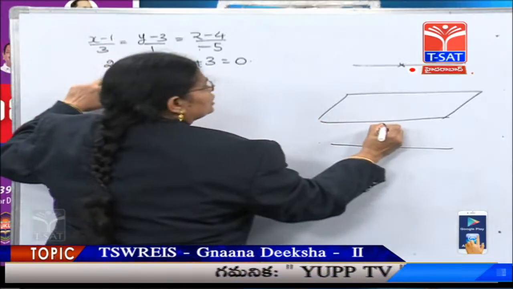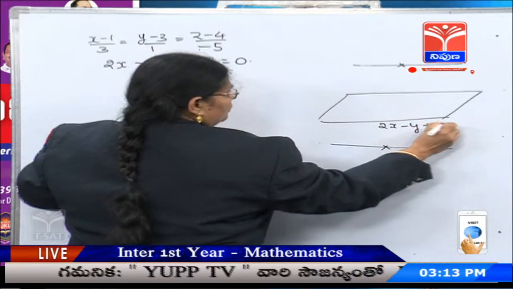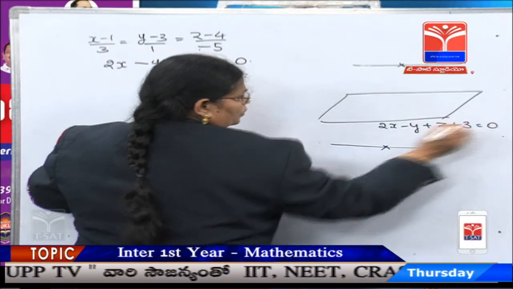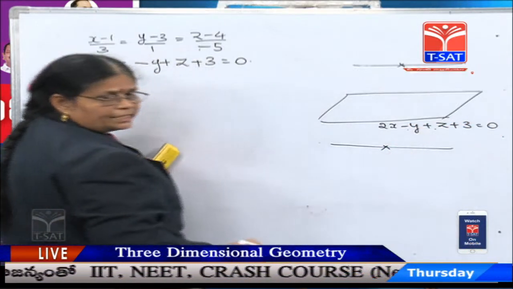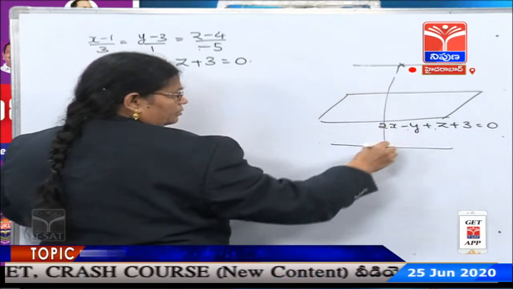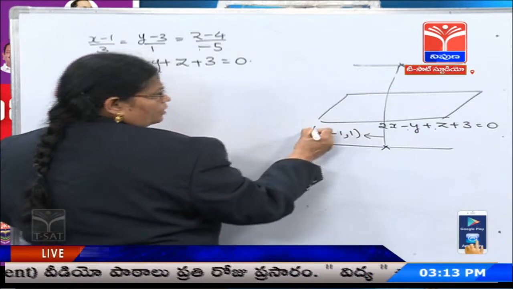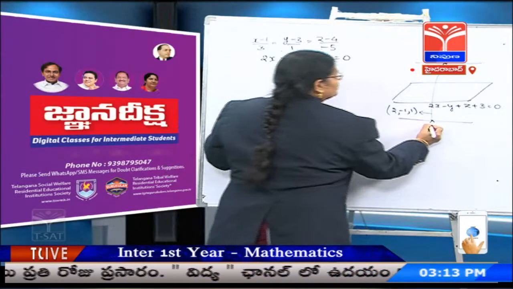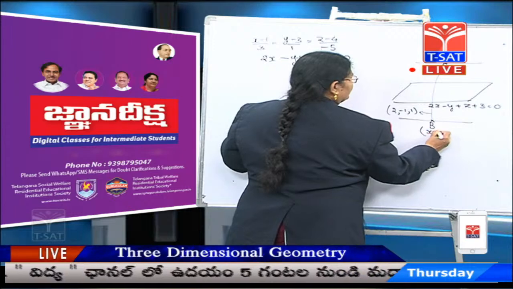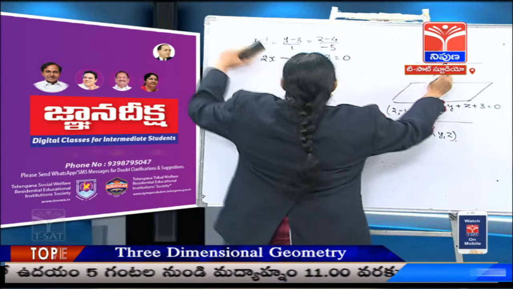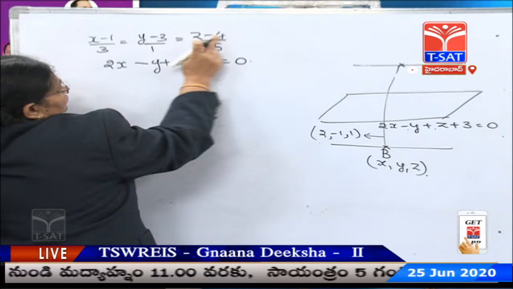This is the equation of the plane. These A, B, C are the drs of the normal to the plane. So, the drs of this line will be 2, -1, 1. Let this point B be some (x, y, z). We have a point A on this line which is (1, 3, 4).